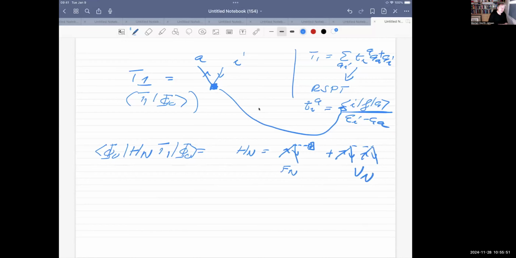But we can have the more complicated types of diagrams. And we know now that this specific contribution here represents a two-particle, two-hole de-excitation. This represents a one-particle, one-hole de-excitation.